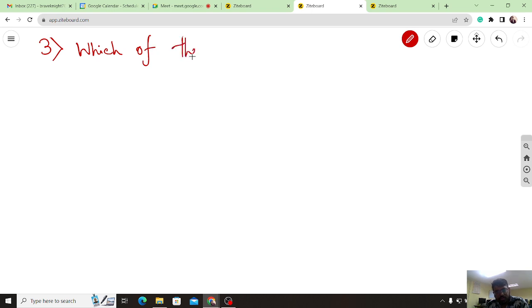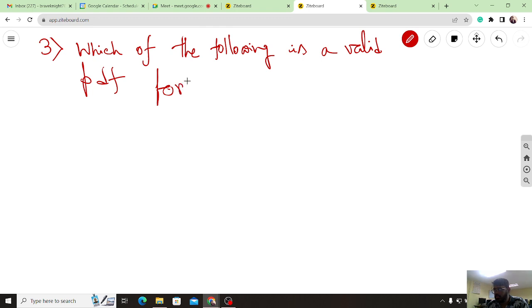Which of the following is a valid PDF, for lambda greater than 0?